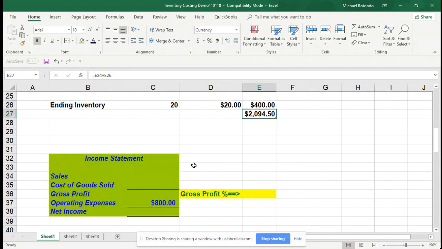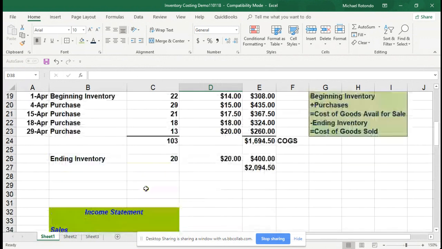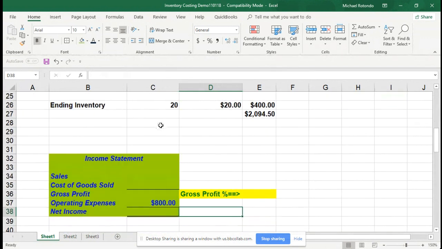Now, when it comes to the income statement, you would have to know what the operating expenses are, and we're just grouping them together as one thing to make it a little bit easier, because our focus is on the gross profit. So sales, we already calculated up here, is $3,090.